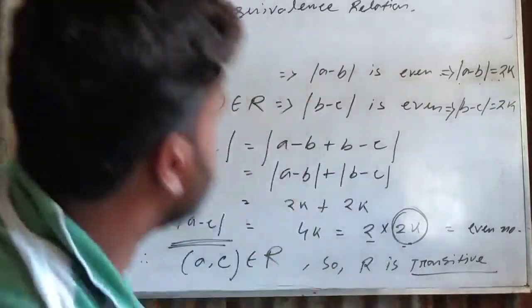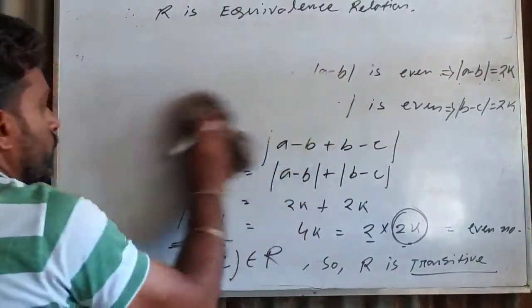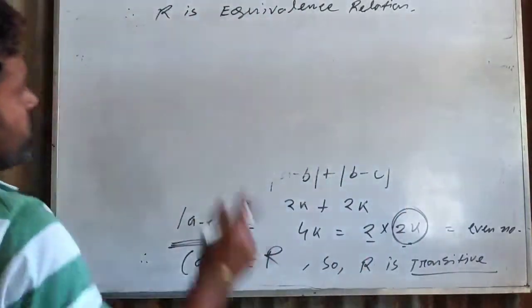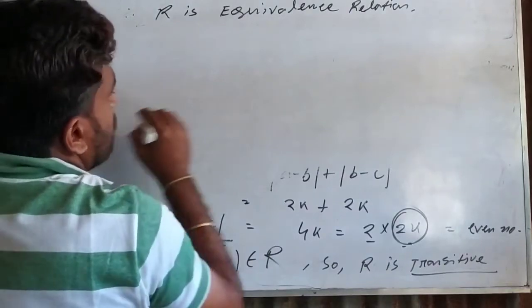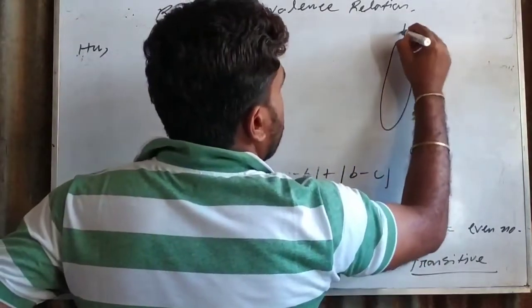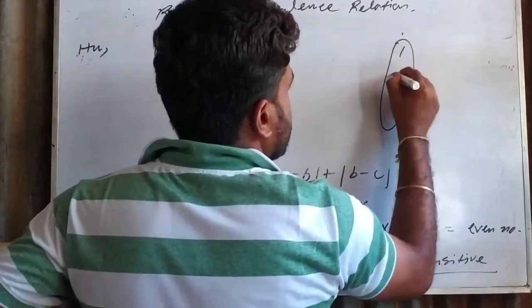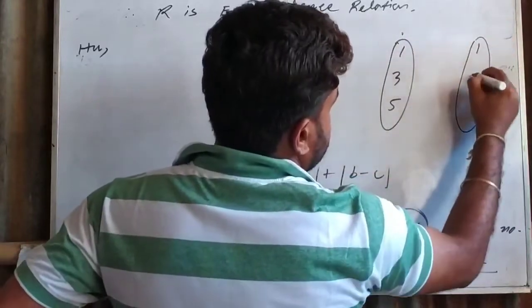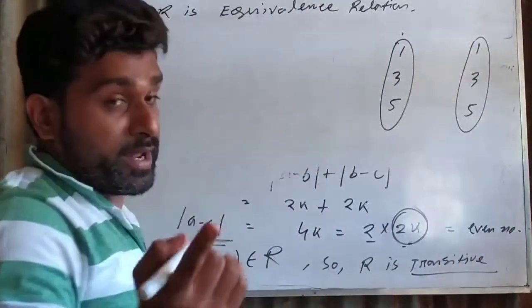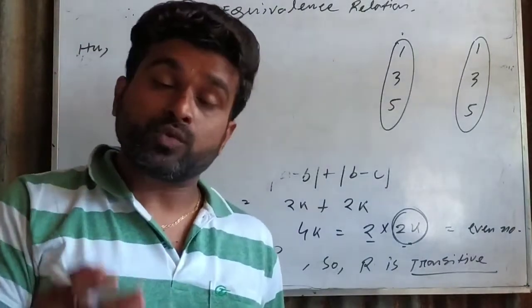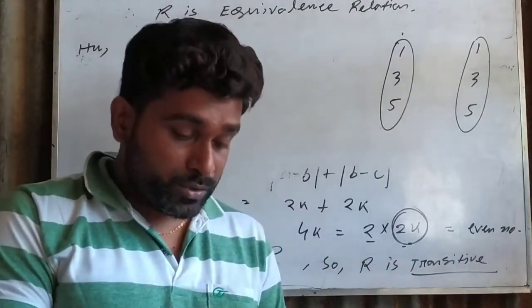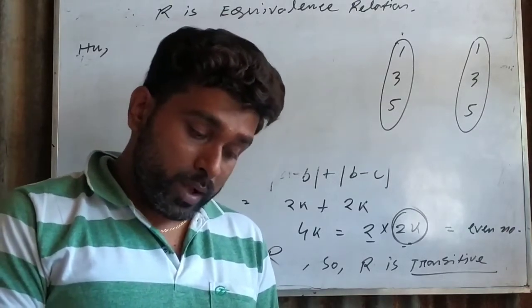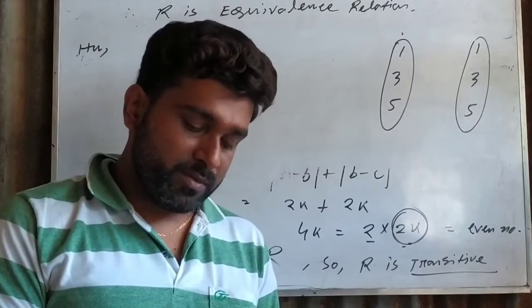That means here you need to verify whether this set 1, 3, 5 are related to each other. That means both the sets are same. For getting the relation, two sets are required. Just look at the question very carefully: all the elements of set 1, 3, 5 are related to each other.